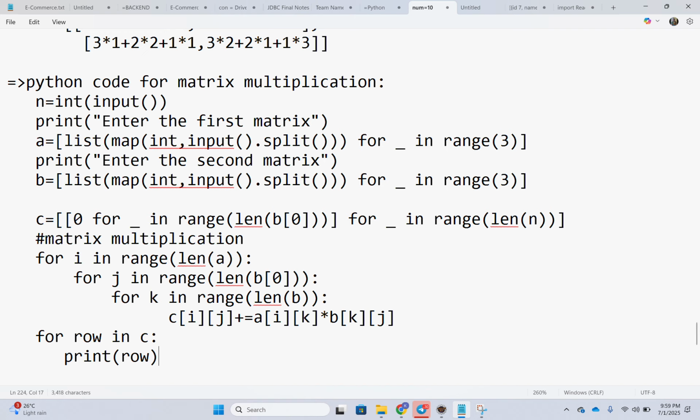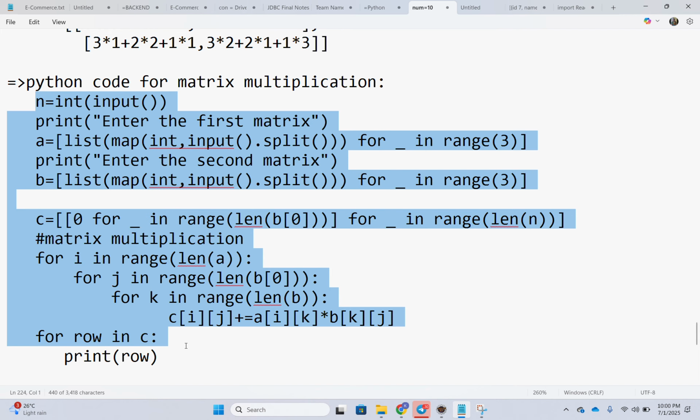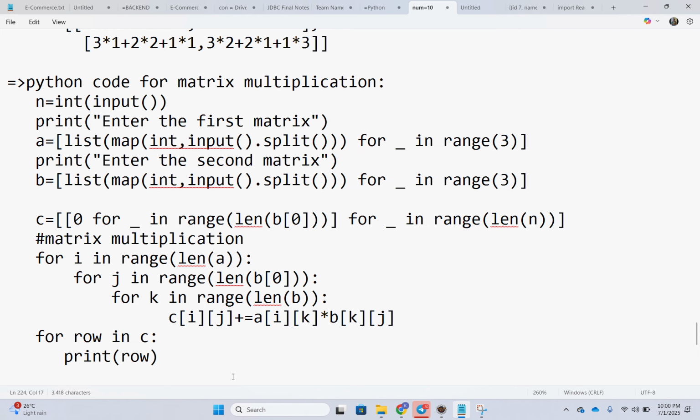I may get some errors, I think I missed a bracket or something, but mostly I think I won't get errors. This is the main logic. This is the skeleton which I discussed previously, the normal method followed by multiplication. So don't learn the code by heart. Try to understand. I'll explain the easiest one also.